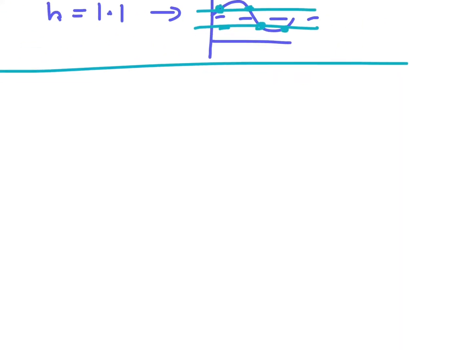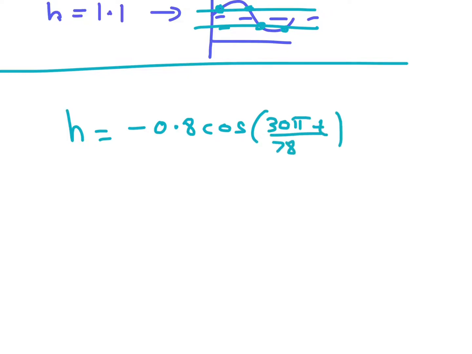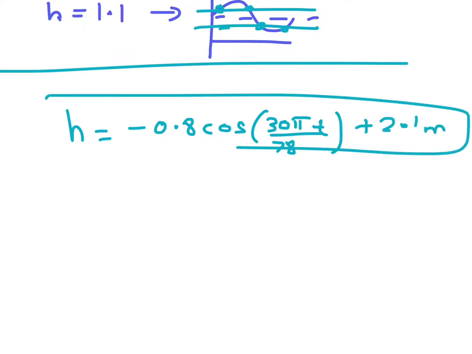Now I'm just going to do one for a cos graph. So say we have a cos graph and we had h = −0.8 cos(30π/78 t) + 2.1 meters.